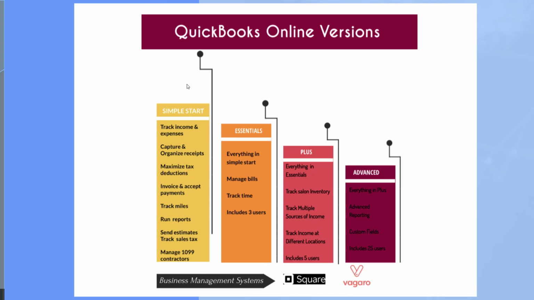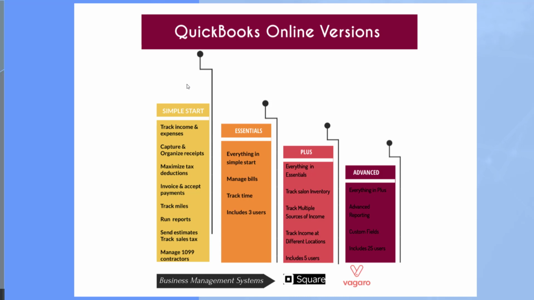One new aspect that QuickBooks just recently added to all of their options, which is Simple Start, Essentials, and Plus, is that you can now track your miles using the regular QuickBooks Online. Prior to, I would say maybe 3 months ago, you could only use QuickBooks Self-Employed if you wanted to track your miles. But now you can use any of the versions of QuickBooks Online to track your mileage.